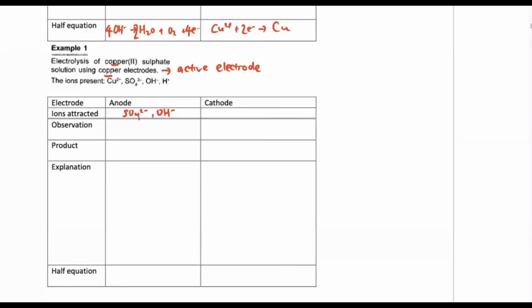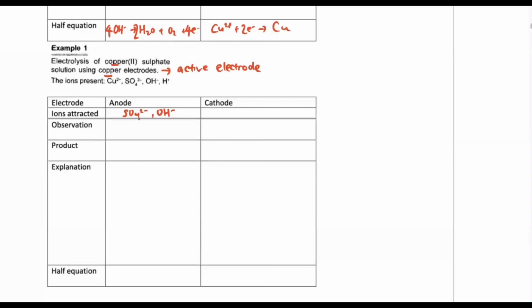The explanation: copper electrode dissolves to form copper 2 ion. Okay, so the half equation: Cu solid loses electrons and becomes Cu2 plus aqueous plus 2 electrons.